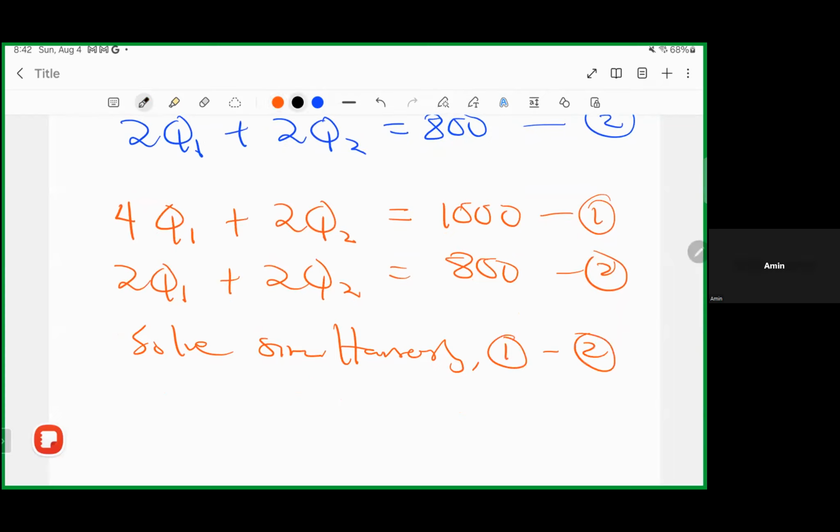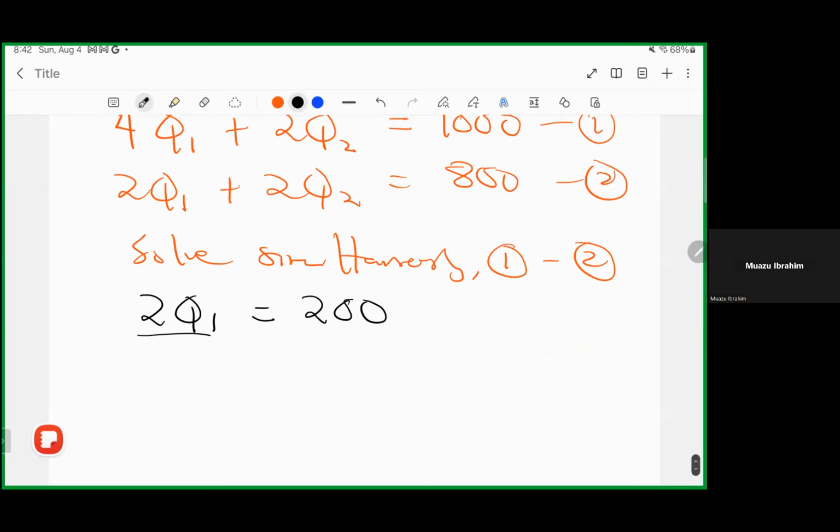So we are going to have 4Q1 minus 2Q1, which gives us 2Q1. Then 2Q2 minus 2Q2 is 0, and 1,000 minus 800 is 200. So we divide here by 2 and here by 2. Q1 is equal to 100.